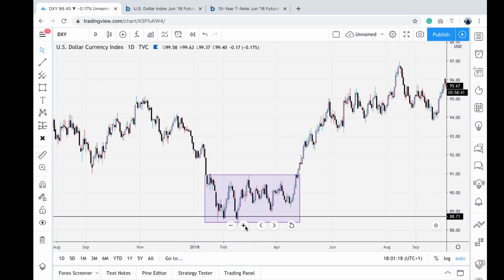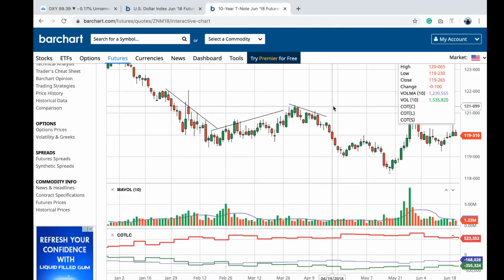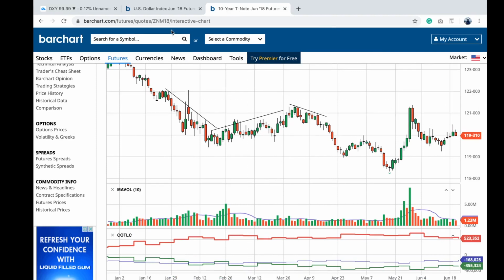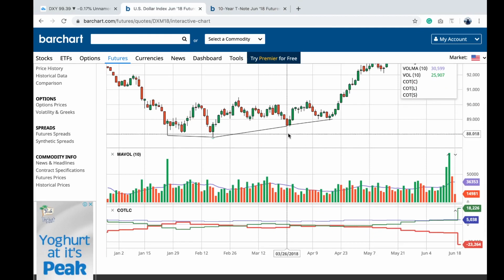Okay, so now the defining moment where you can expect price to break out, and you can know the direction price would go to in this very large consolidation, is to look at what the 10-year treasury is doing. Let's check the dollar futures contract first. From the 26th of March all the way up to the 4th of April, the DXY was making higher highs.